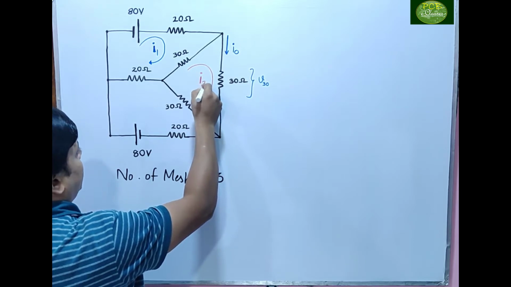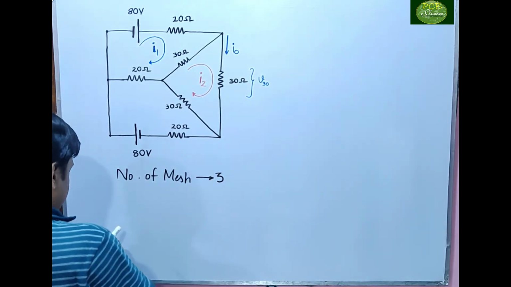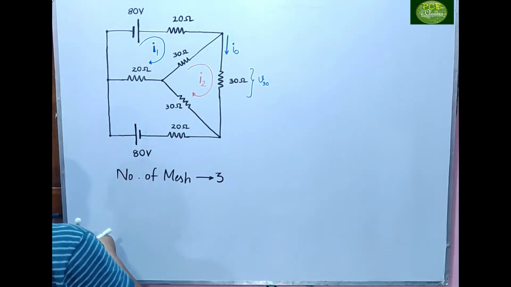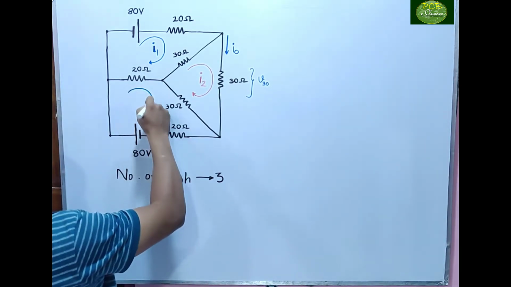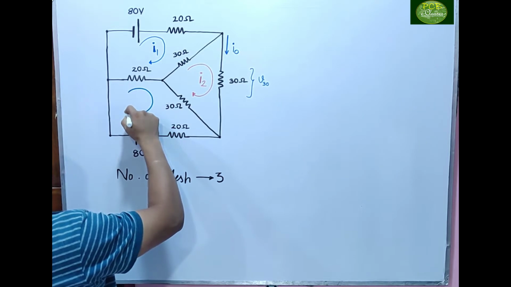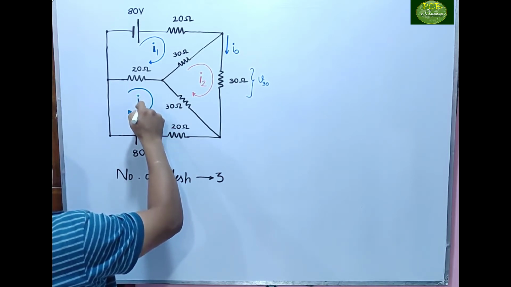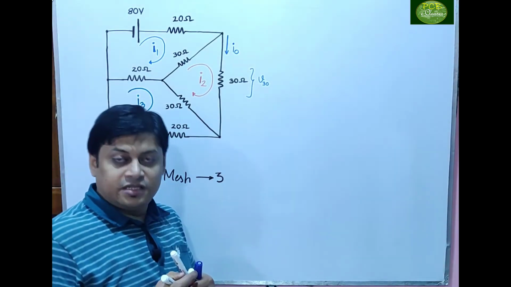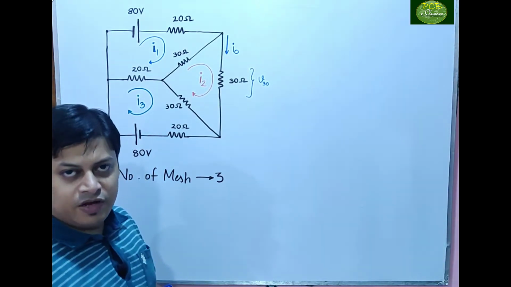Similarly, the current flowing in the third mesh will be I3. How many currents have we got? 3 currents. 3 meshes, 3 current assumptions we have done.